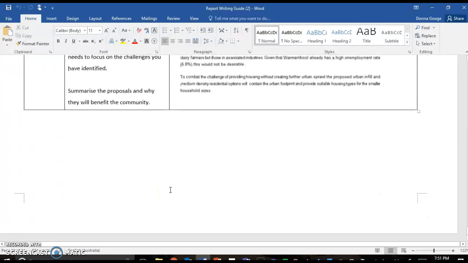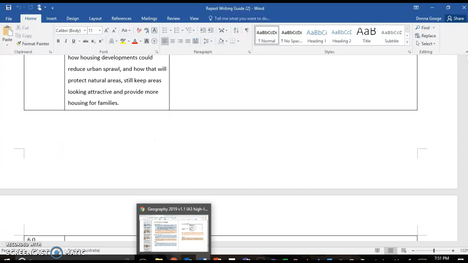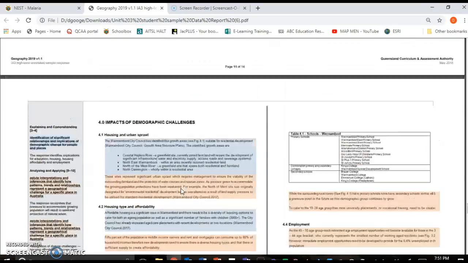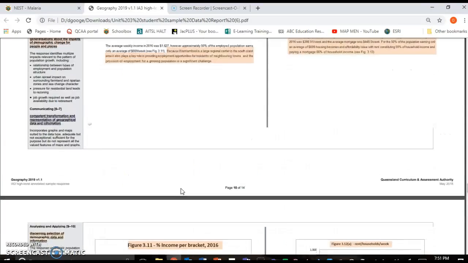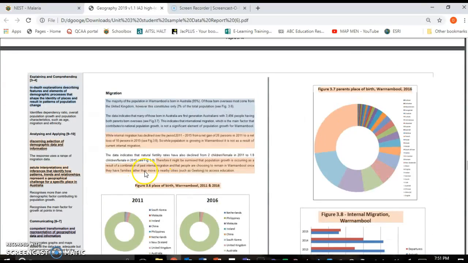Now, when it comes to presentation of your report, I strongly suggest that you go and look at this example, have it open on one screen where you can flick to and from it, because the layout of this report is excellent.